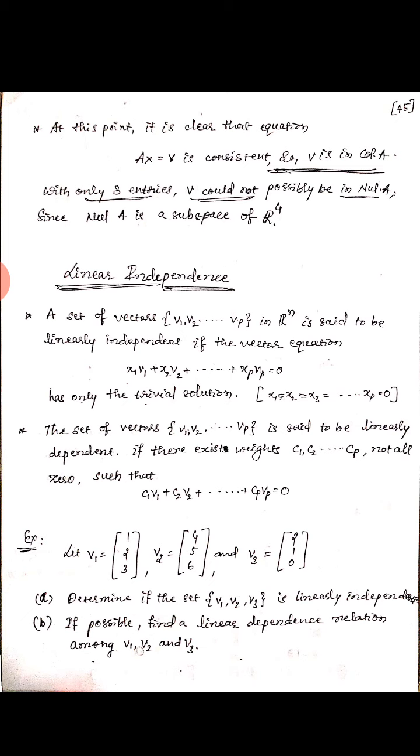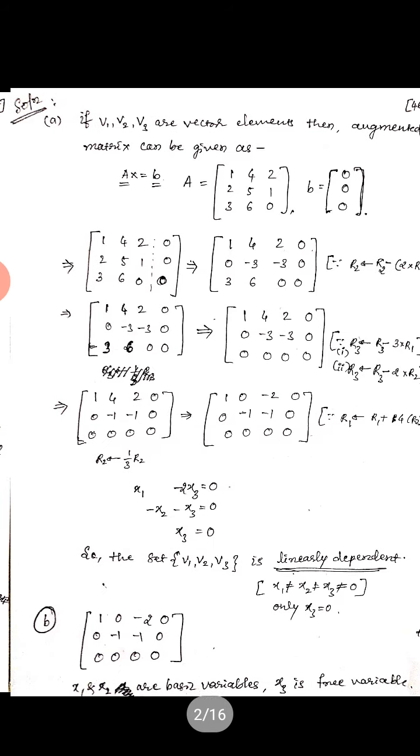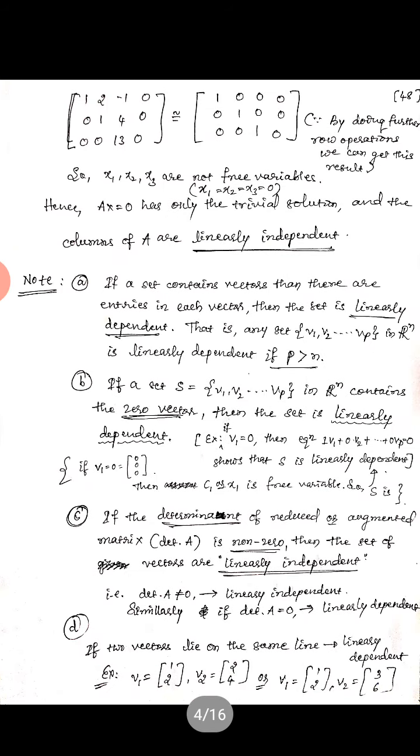If there is a free variable, where one of the weights is not 0, then we call it linearly dependent. We can also say this on the basis of the determinant, the number of vectors and number of variables like p and n, and the vector values.